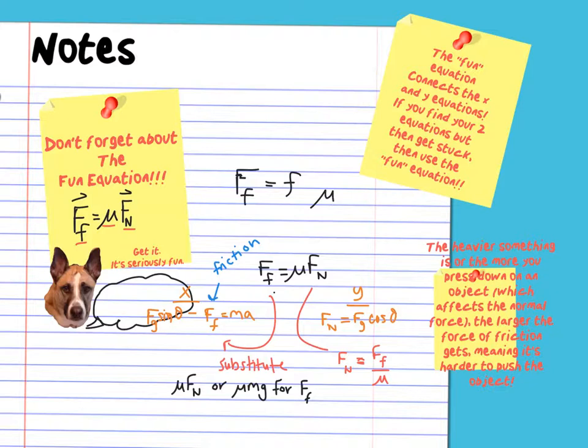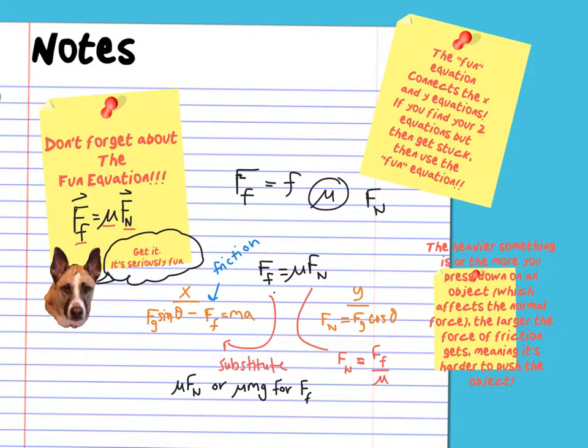Mu is the coefficient of friction, and so the rougher the surface, the bigger the mu, or the bigger the coefficient of friction. And of course, Fn is your normal force.